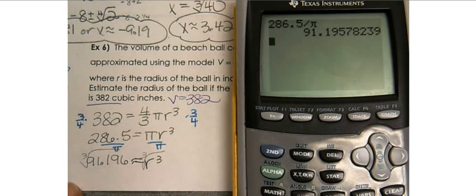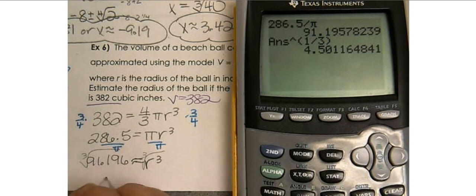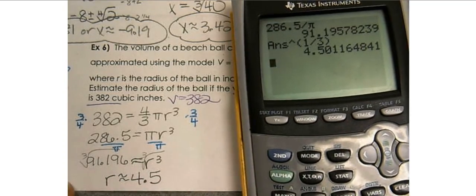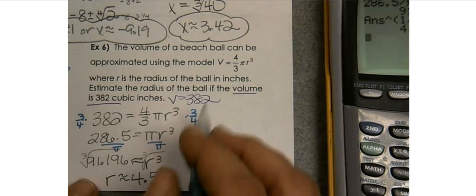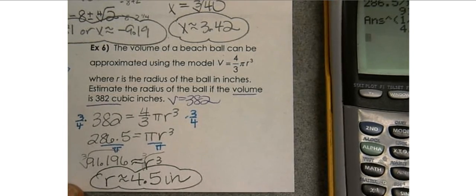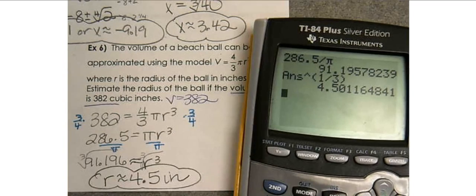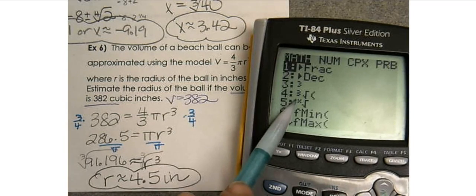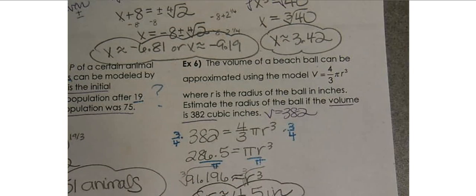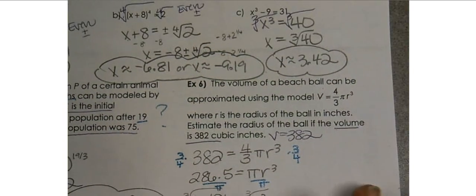So what I could do is take that answer and raise it to the 1/3 power, and I can see that my R is about 4.5, and that was measured in inches. Okay. You also could have taken the cube root of the answer. I know there's a cute little cube root thing, whatever, floats your boat. I'm just trying to give you something that you can use always instead of just some of the time, okay?